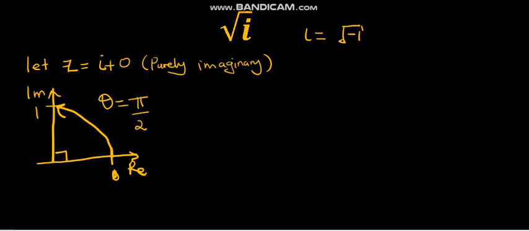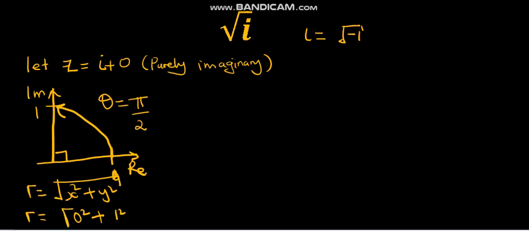So we shall also need to find the radius, and the radius is just the root of x squared plus y squared. Are we together? And r is equal to, we say that x is 0, we square it, plus y is 1, we square it, and we take the root. Therefore r will be equal to 1 unit.